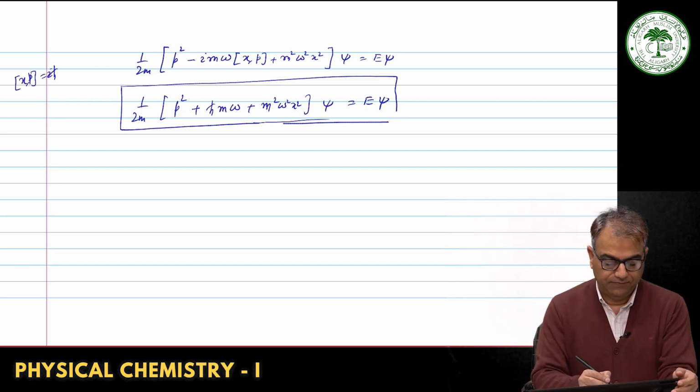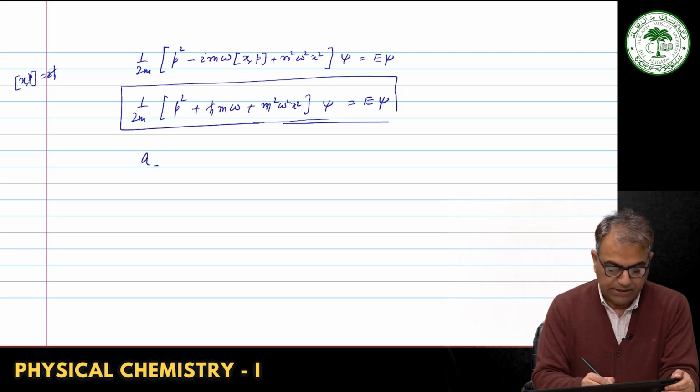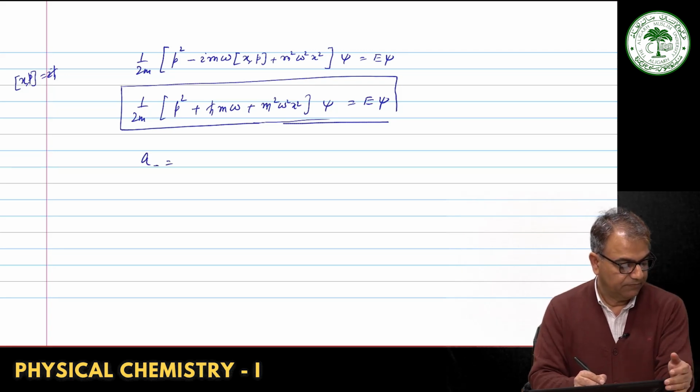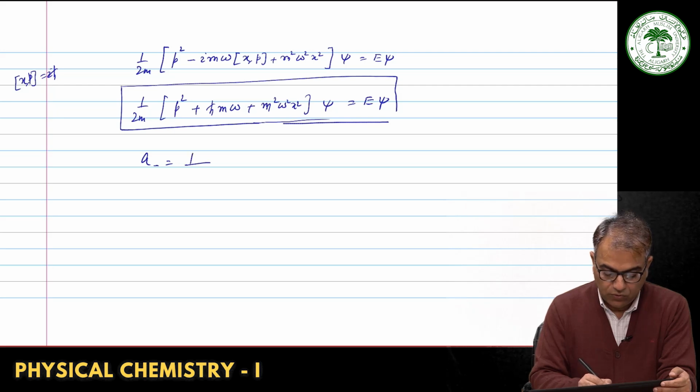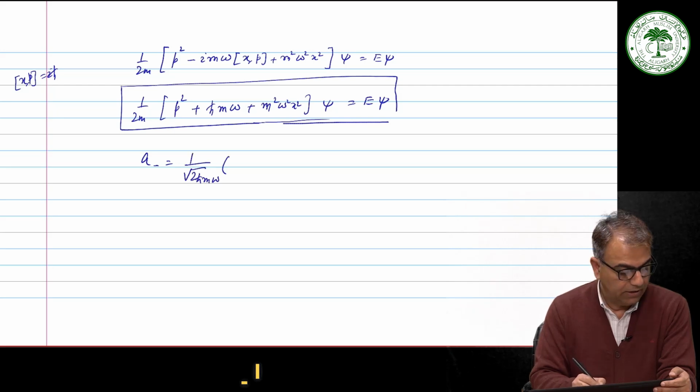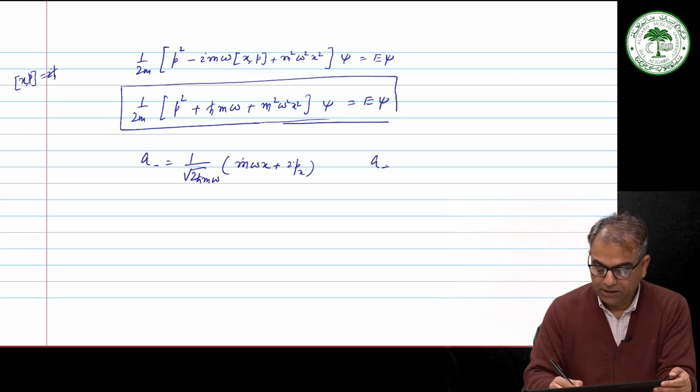One operator is A minus, which I will write as 1 by 2 root under 2 h cross m omega, then m omega x plus i p x. And another operator is A plus, which I will write as 1 by root under 2 h cross m omega, x minus i p x.